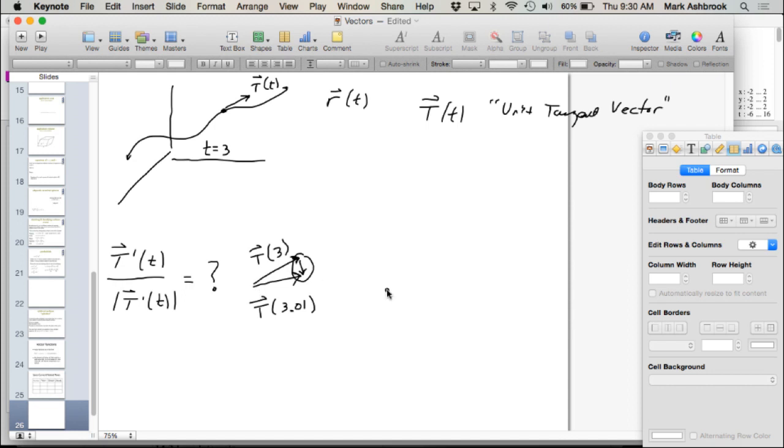And how would it relate to capital T? If these were really close together, then that resulting vector showing the change of capital T over a small interval of little t would be like what? Wouldn't it be orthogonal to capital T? It's showing the direction of turning, which is what? Down to the right. We're turning down to the right now. So we're going to get a unit vector like this.